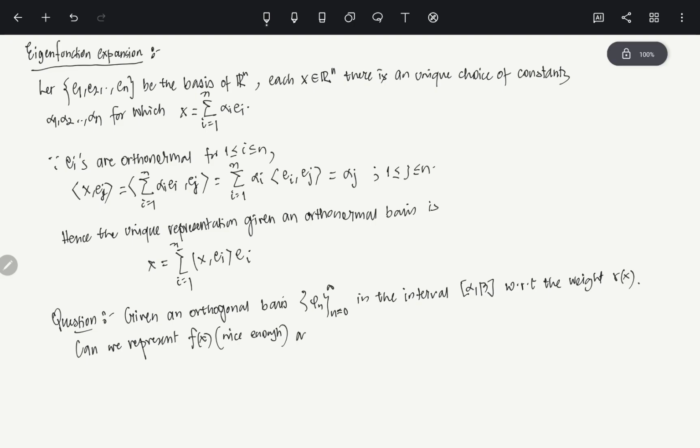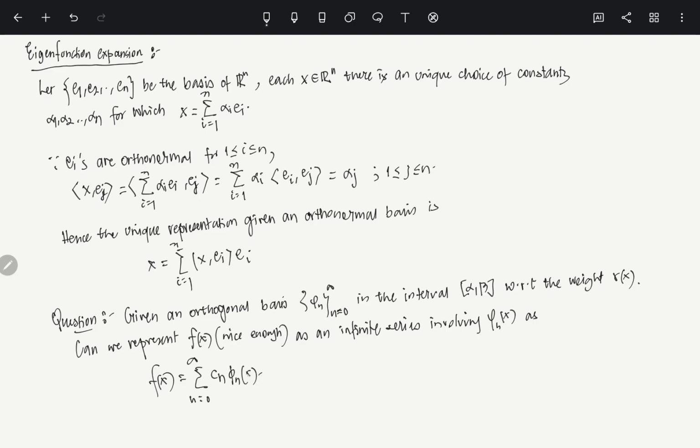As an infinite series involving phi n of x. So essentially, f of x should look like this: summation n equals 0 to infinity Cn phi n of x.